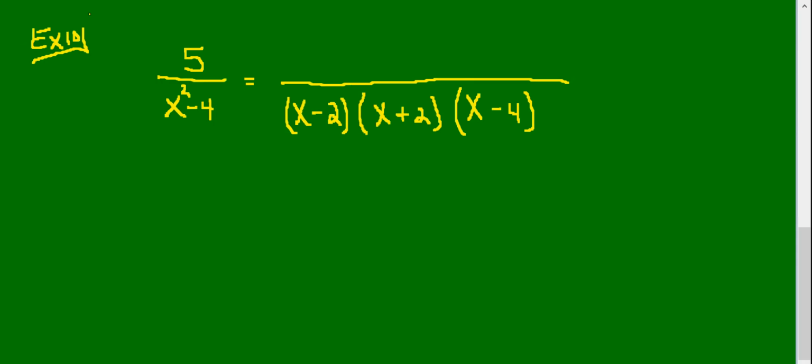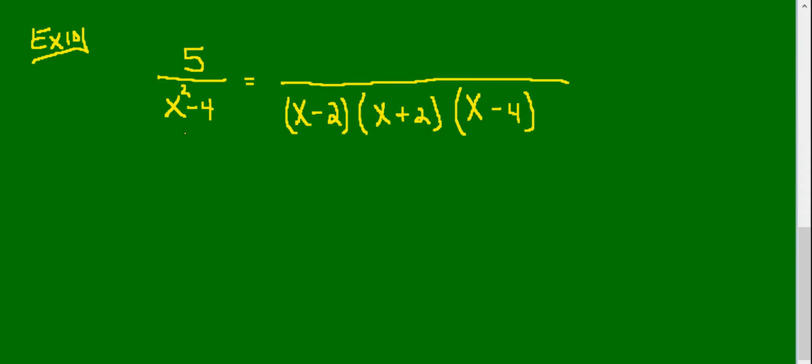All right, in our example 10, our last example, this problem looks a little intimidating, but it's really not, as long as we know that x squared minus 4 is factorable. That is our key part there: x minus 2 times x plus 2 equals x squared minus 4. So I'll look at this and say, well, I can factor that.